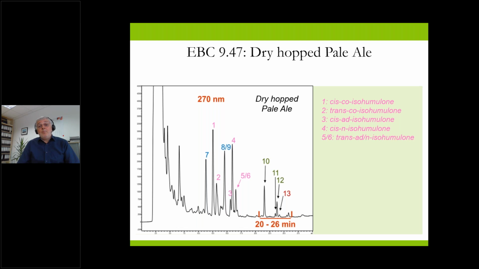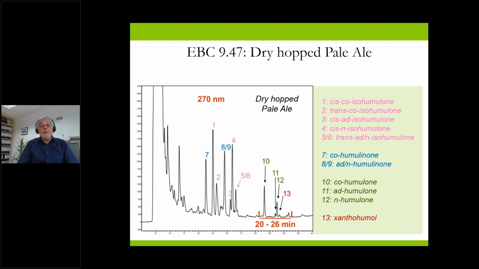The pink numbers are the well-known isohumulones we also have in the non-dry hop beers, but in addition, we now have the humulinones, peaks 7, 8, 9, before and in between the isohumulones, and we have the green marked numbers 10, 11, 12 for the humulones, and there is another peak number 13, and this is xanthohumol.